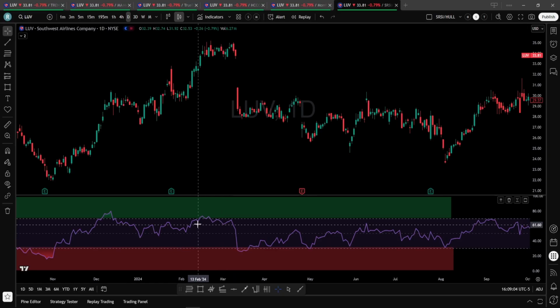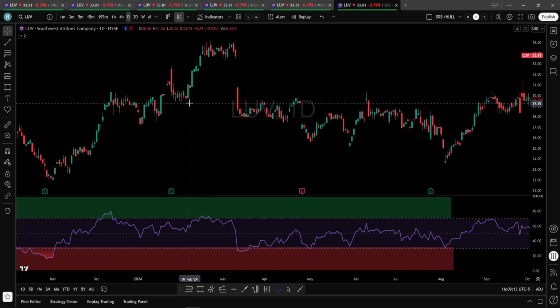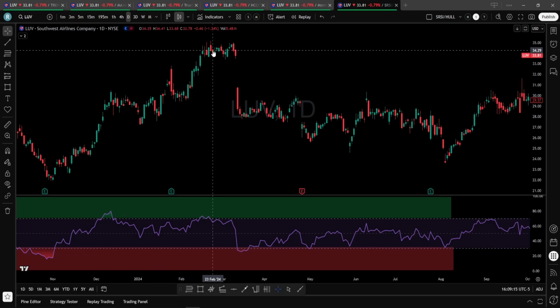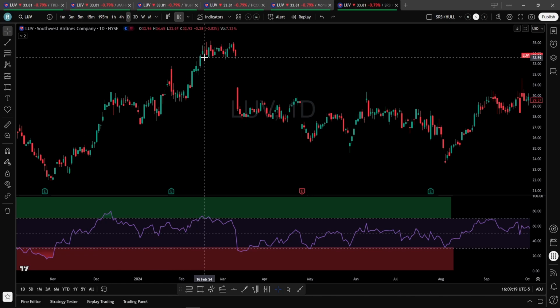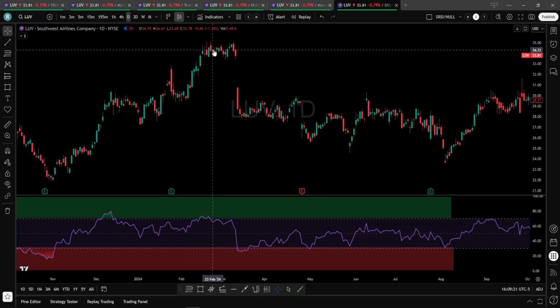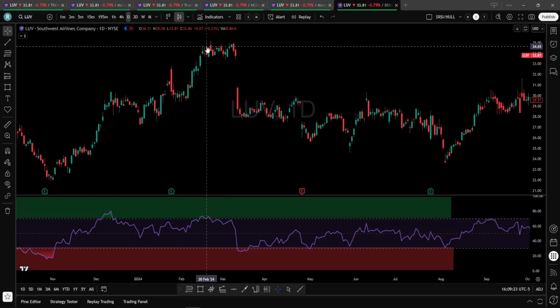Take, for example, here where the RSI moved above the 70, indicating that we were again in overbought territory. So it is telling us that as the bulls were in control here, as you can see this move up, then in this area right here, it was overextended. That's what we refer to as overbought.